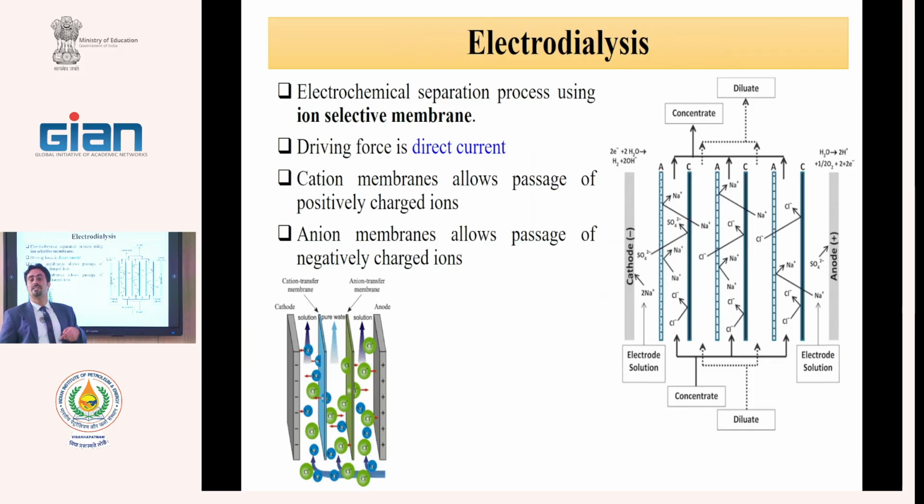And we cannot produce demineralized water, DI water, because for conductivity, we need the ions. We cannot completely remove the salts, because for conductivity between cathode and anode, we need the ions.